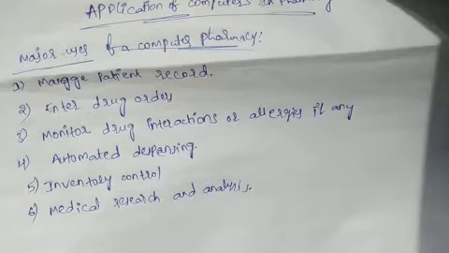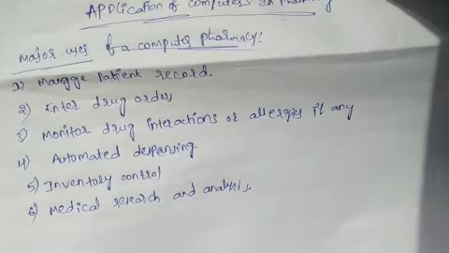The next one is entering drug orders. The hospital has a medical shop where different types of drugs are used. If a patient is suffering from a headache, fever, or any other disease, every disease has some particular drug.